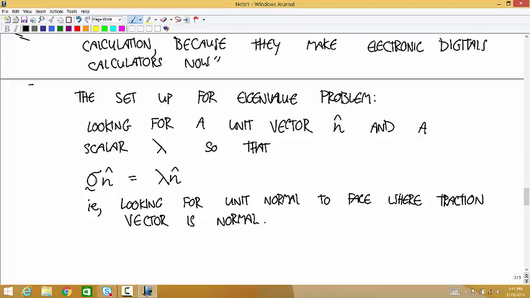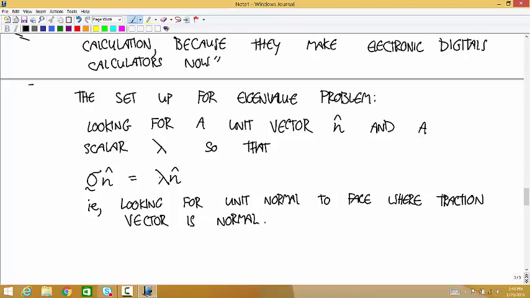But it turns out there's all kinds of problems that look identical to this, where you're trying to find a single vector and a corresponding scalar value so that the matrix times the normal is equal to the scalar times the normal. It comes up if you're trying to find axes of rotation of objects in dynamics, if you're trying to simplify calculations of moments of inertia in dynamics, and I'm sure a million other things.